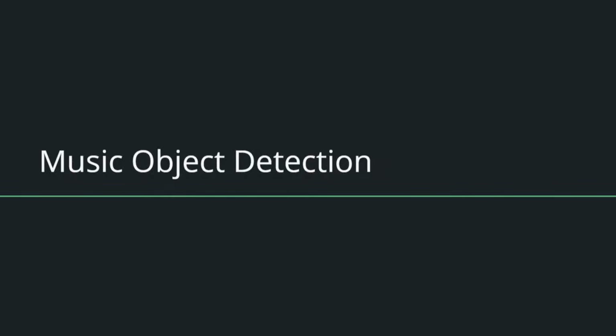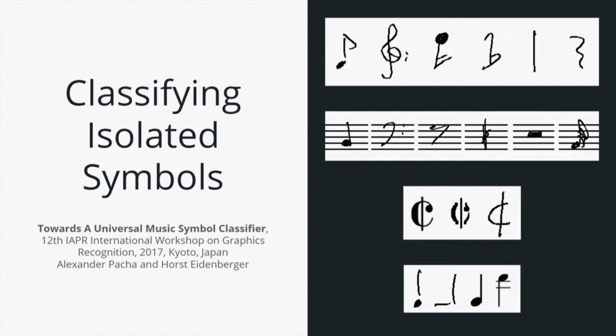Music object detection is the second big step of the pipeline that I was working on. And I started with an easier task, not doing the full detection immediately, but first starting with classification. So I wanted to see how well a machine can learn to do this classification, especially with deep learning. And the answer is really good. So I published this in an article called Towards a Universal Music Symbol Classifier.